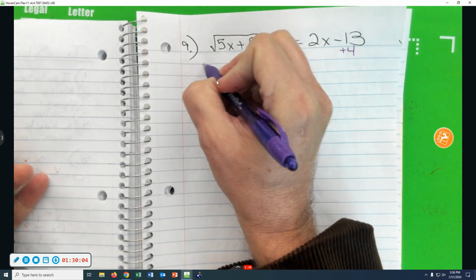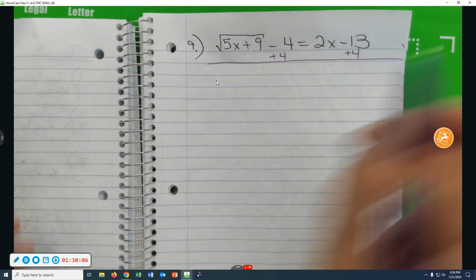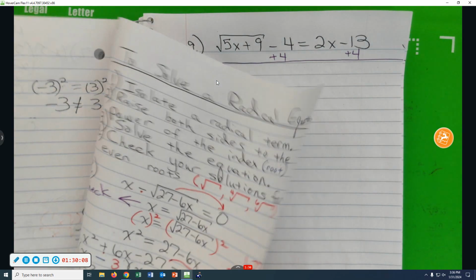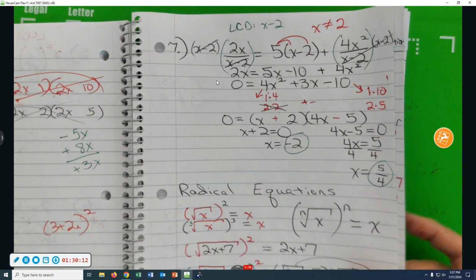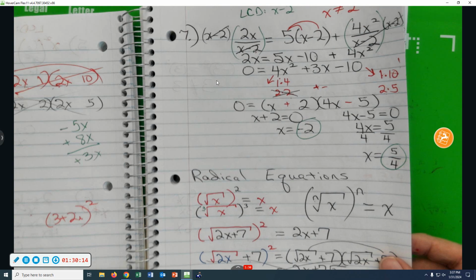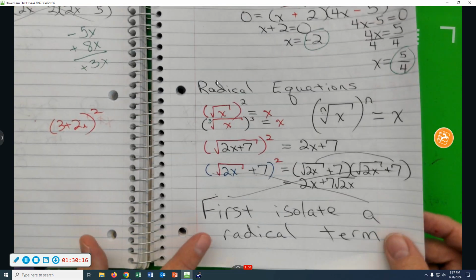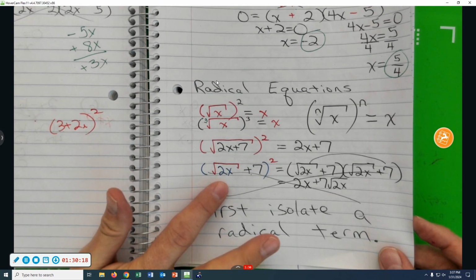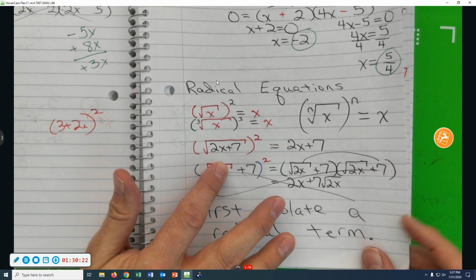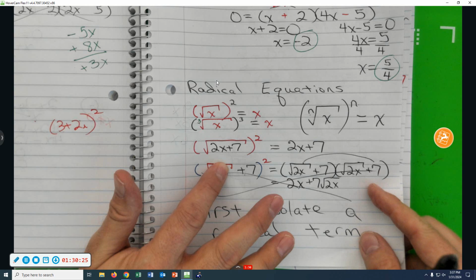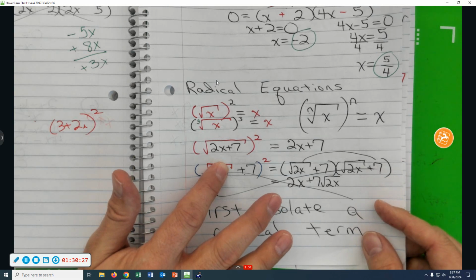Earlier, when it all started sort of being a mess, that's what he was trying to get at right here. If you squared without isolating, you're going to wind up having this huge mess that you have to FOIL, and you're still going to have a square root in it.